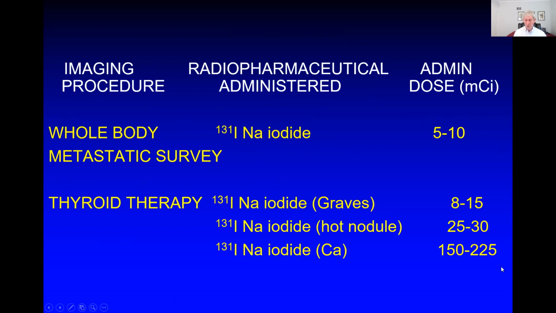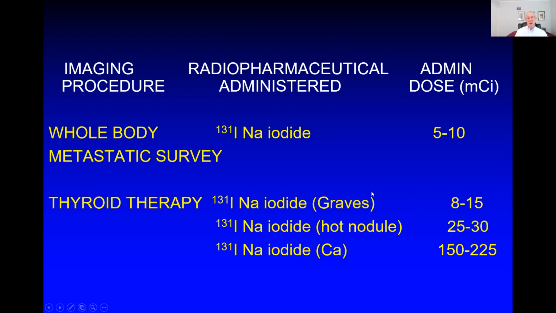For thyroid therapy, and I'm just going to fly through this because we're going to have a whole lecture in about 2 weeks on therapy. But just to mention the numbers, I already told you that Graves' disease is typically 8 to 10. So where did this 15 come from? Here's the rule of thumb.